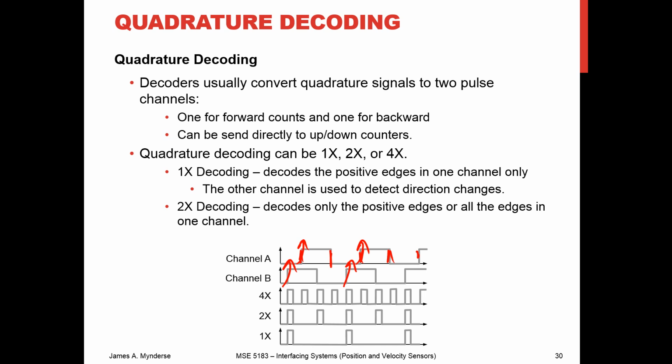Either way, that's going to give us twice as many as just doing one rising edge of a single channel. We can also do 4x, where we're going to do all four edges, two rising, two falling. And so we get 4 times as many pulses, which should give us 4 times the resolution.